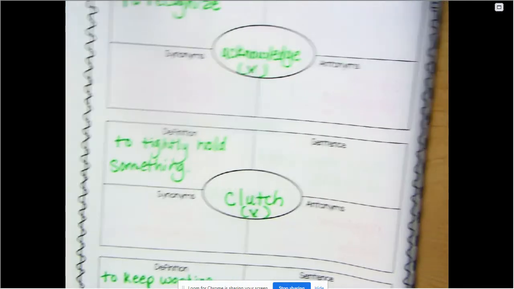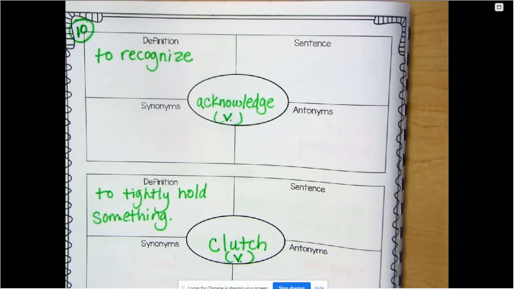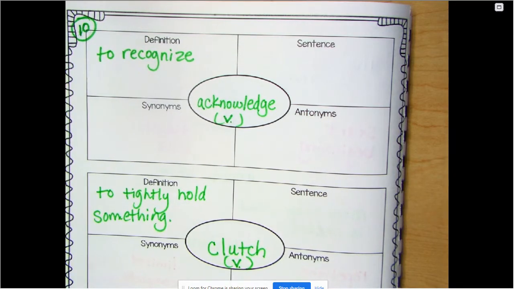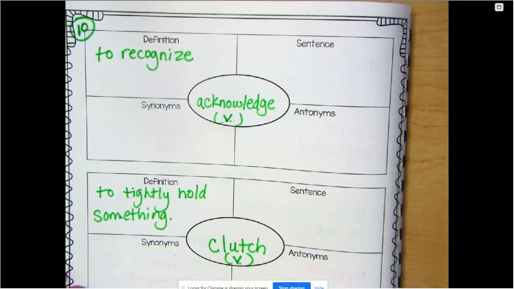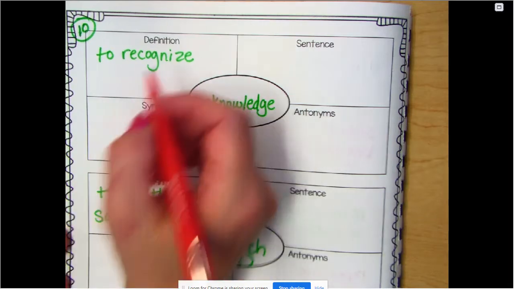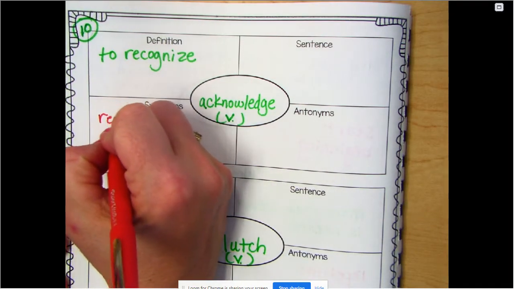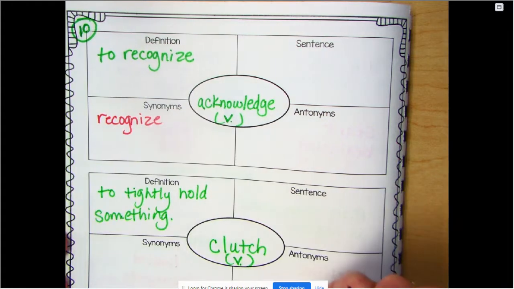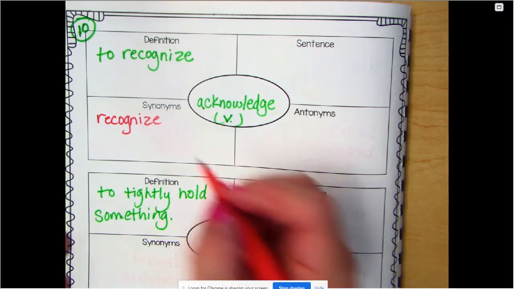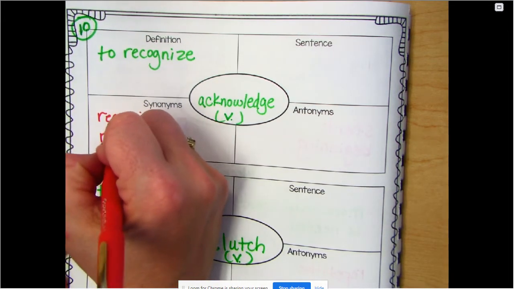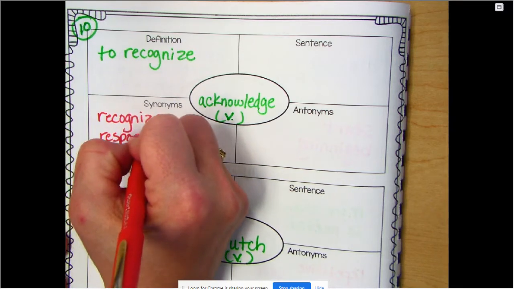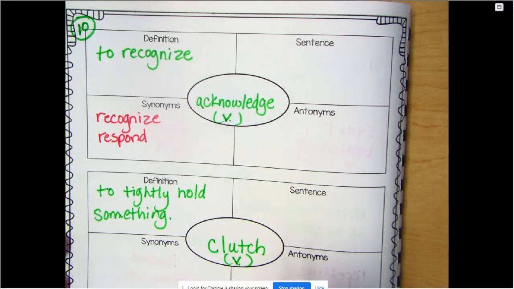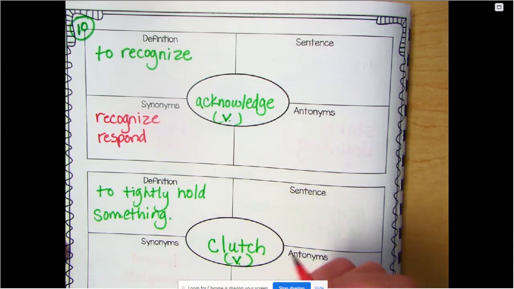On page 10, we are going to do the word acknowledge. Acknowledge, to recognize. So I could just put the word recognize in here. Recognize. And another could be to respond. So I acknowledge you are raising your hand. So I'm responding to you.